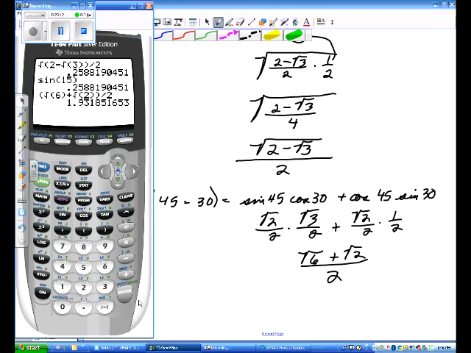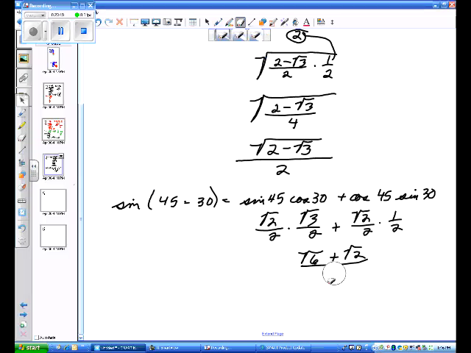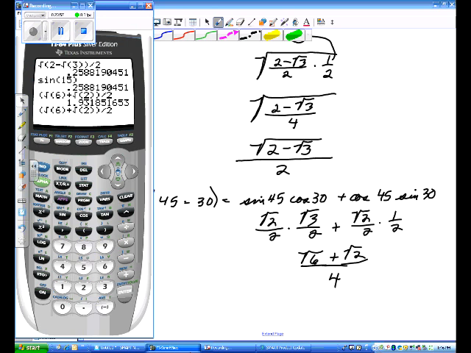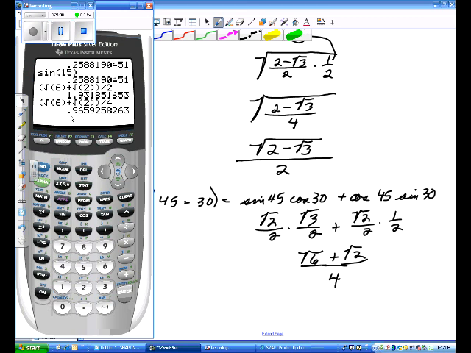Okay, I put divided by 2. Let me go back. It's supposed to be divided by 4 over here, because 2 times 2 is 4. And so let's just back that up. Press enter, and we still don't have the same answer, so I still have some mistake.